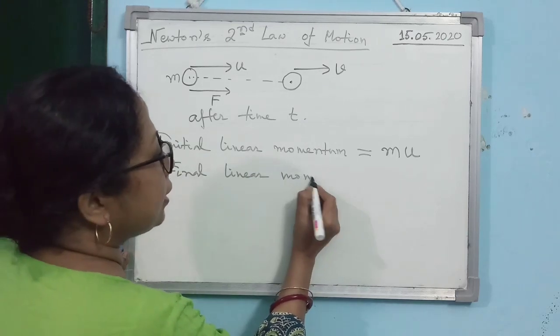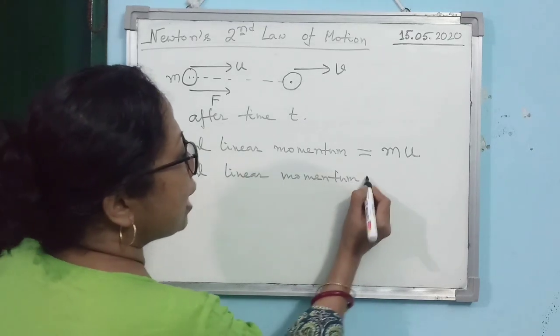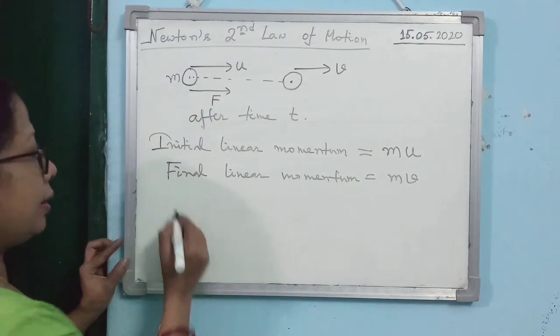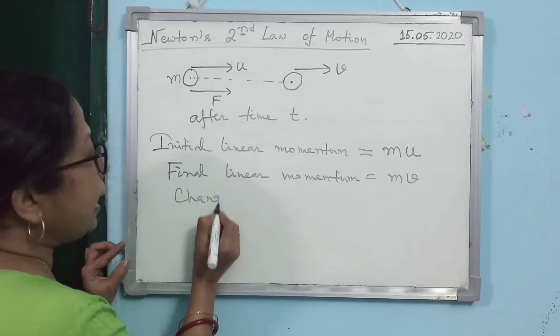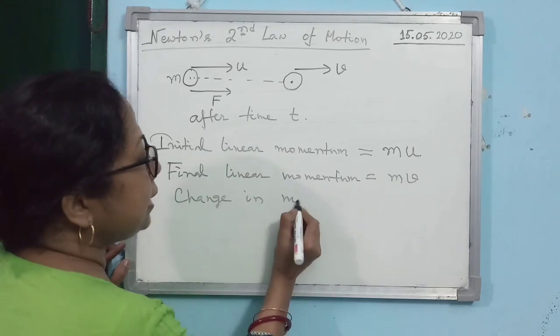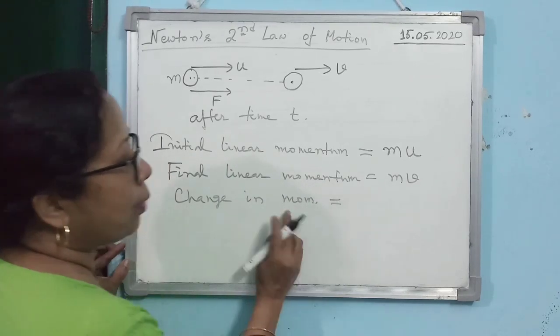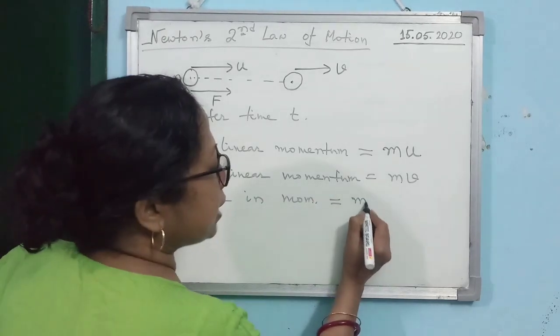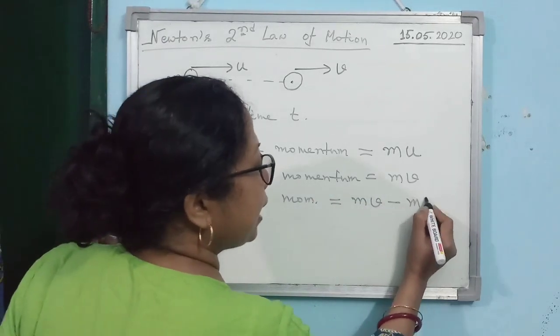Final linear momentum will be mass into final velocity. Then, what is the change in momentum? Change in momentum will be mv minus mu.